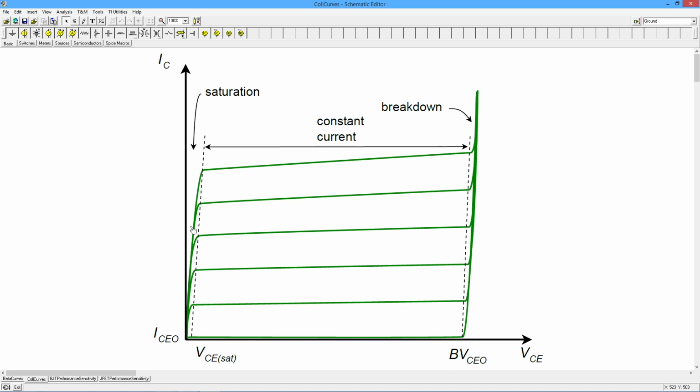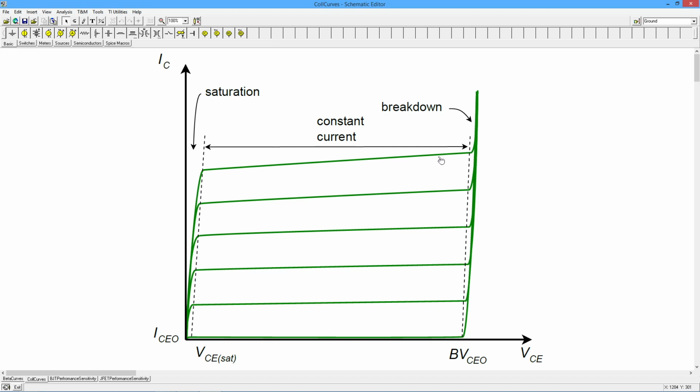In between the saturation region over here and the breakdown, we have this constant current range where we treat this bipolar junction transistor as a fixed current source. So here's a certain value of IB, and we get a certain value of IC. We increase the value of IB and we get a bigger value of IC. And the ratio of those two, of course, is the beta.